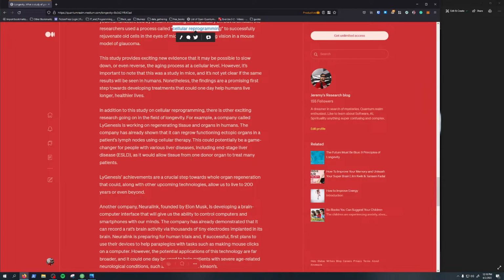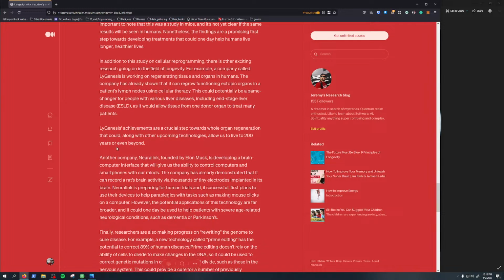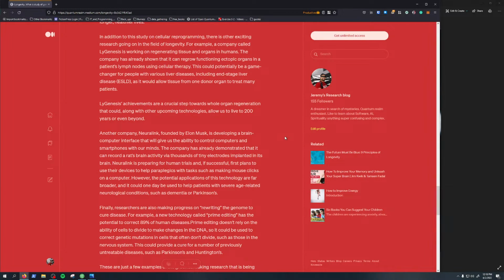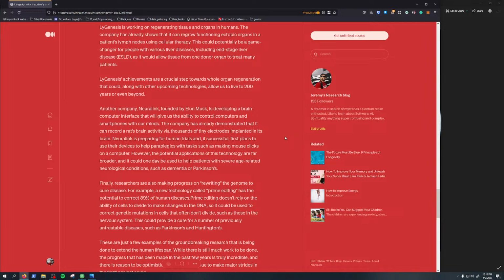It could also allow tissue from one donor organ to treat many patients. There's also things called 3D printing organs, so check that out. That was pretty cool. LyGenesis's achievements are a crucial step towards whole organ regeneration that could, along with other upcoming technologies, allow us to live 200 years or beyond.